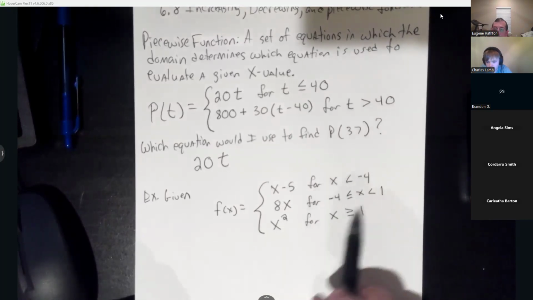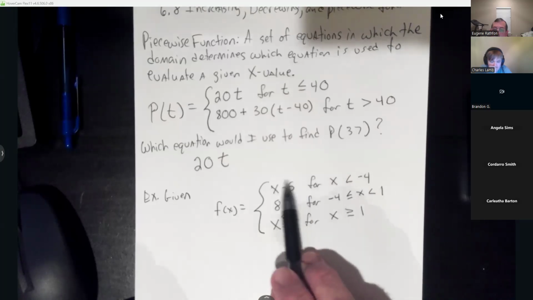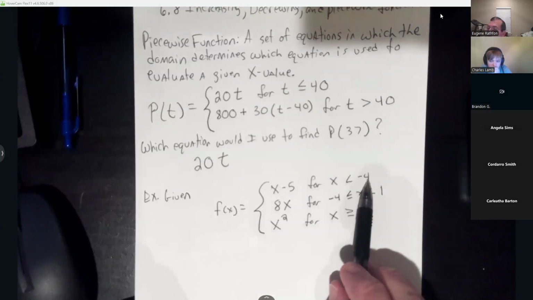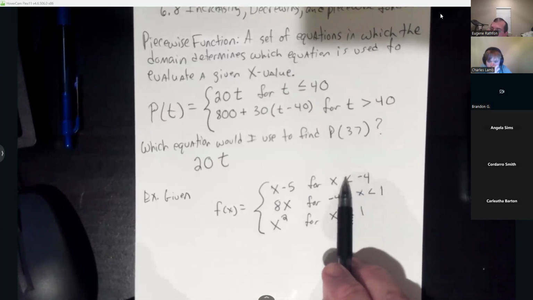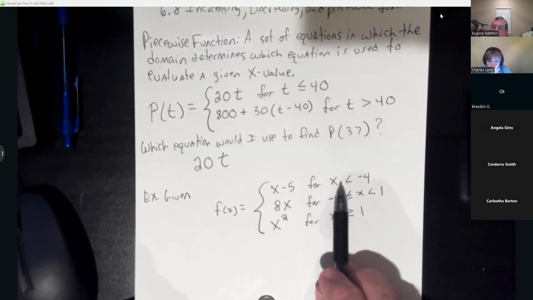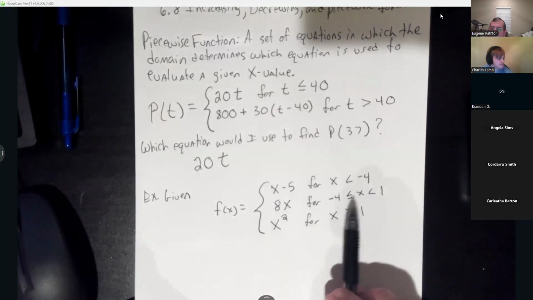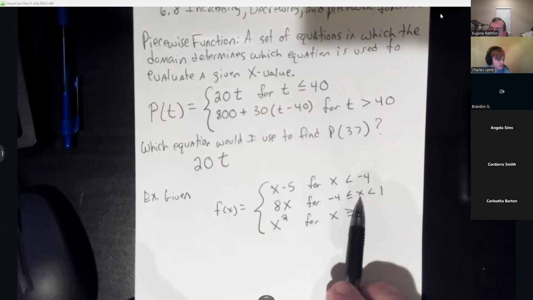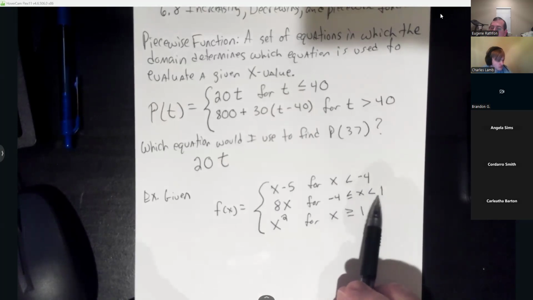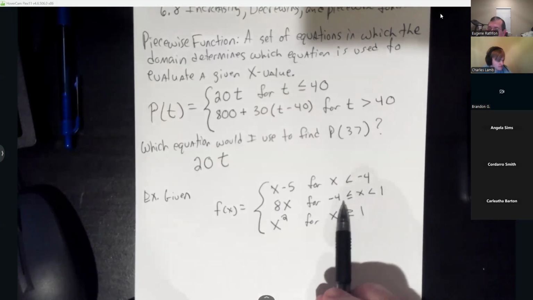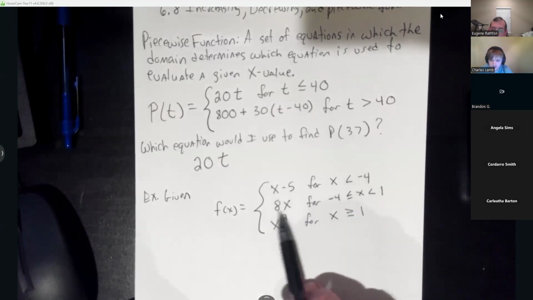All right, y'all, so let me explain my domains here. If my x is less than negative 4, I'll use the first equation. Now, it can't equal negative 4. It's got to be less than negative 4. Numbers like negative 5, negative 6, negative 7, negative 8. All those numbers that are less than negative 4, I'll use the first equation. This one tells me if my x is equal to negative 4 or less than 1, if it's in between negative 4 but less than 1, I'll use this second equation.